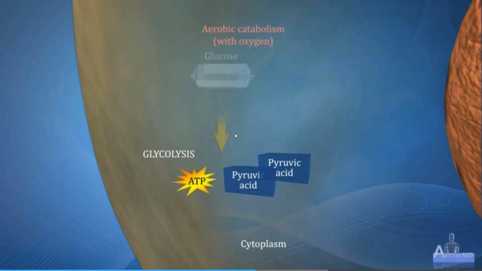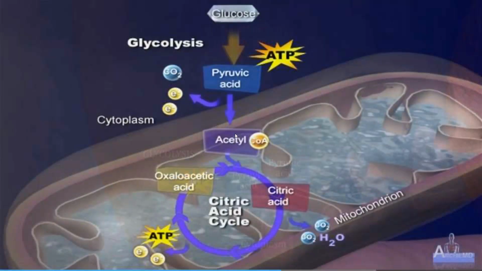Glycolysis splits one molecule of glucose into 2 molecules of pyruvic acid. This portion of the process is also anaerobic, and a small amount of ATP is released as well. However, as the breakdown of glucose continues to the next step, the citric acid cycle, oxygen will be required, making it an aerobic process.